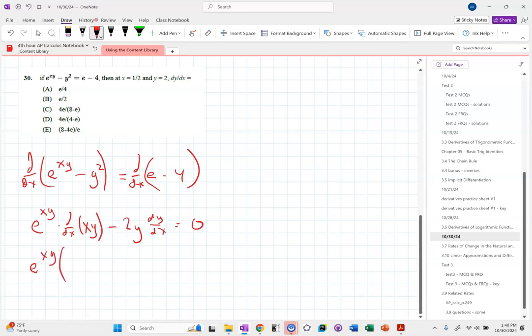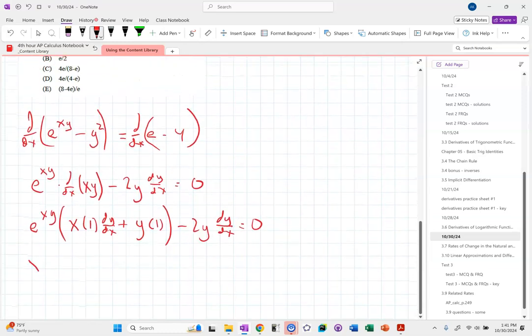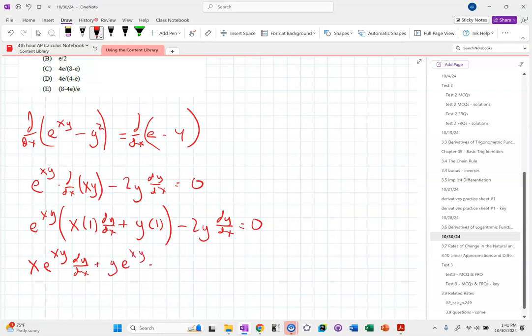The derivative of xy, then, if I do the product rule, is x times the derivative of y. So that's 1 dy plus y times the derivative of x. The derivative of x is just 1. So I have that. Or if I distribute things through, so I have that, right?